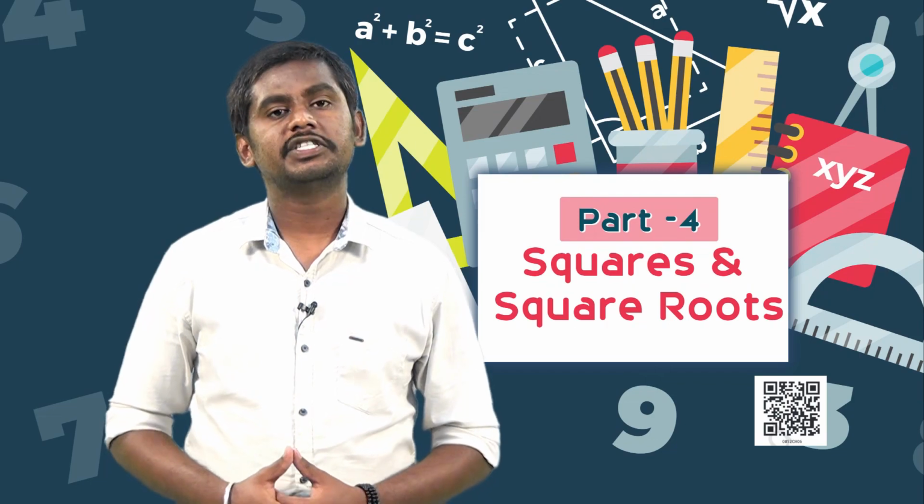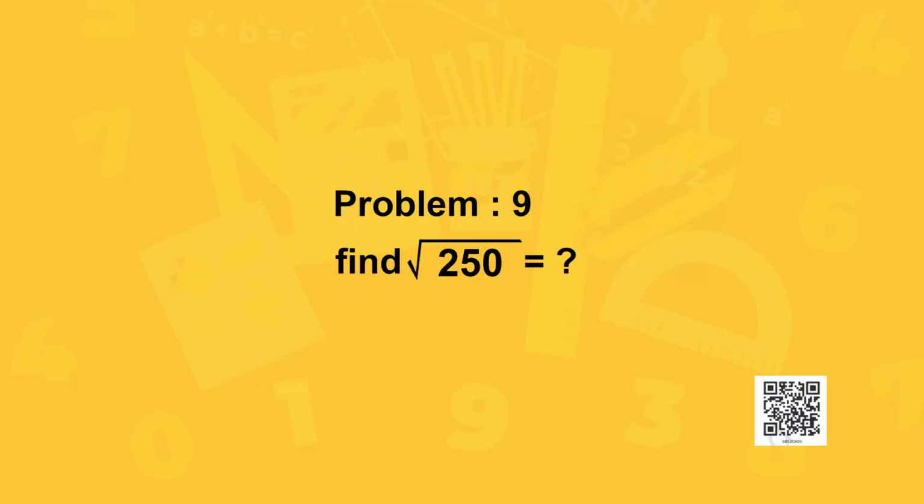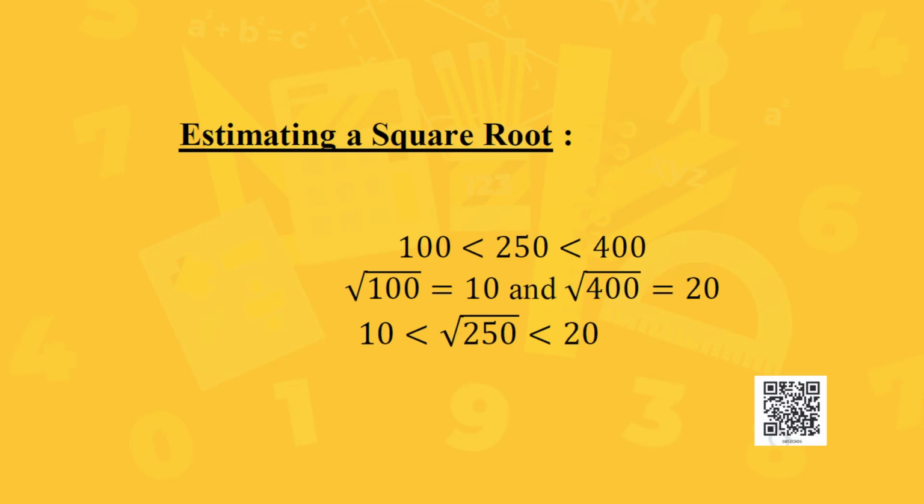Now let's try to estimate the square root of 250. We know that 100 is less than 250, which is less than 400. So the square root of 100 is equal to 10 and the square root of 400 is equal to 20. So clearly 10 is less than the square root of 250, which is less than 20.